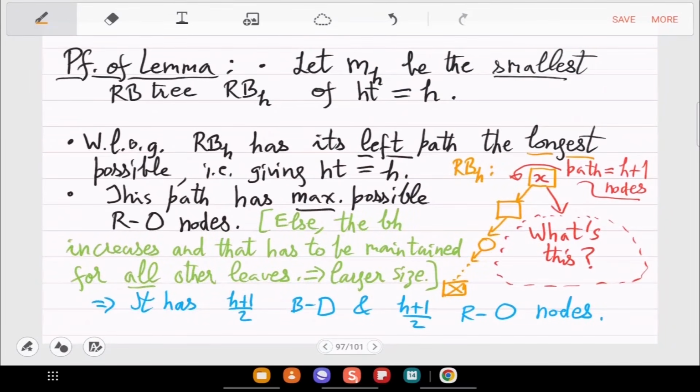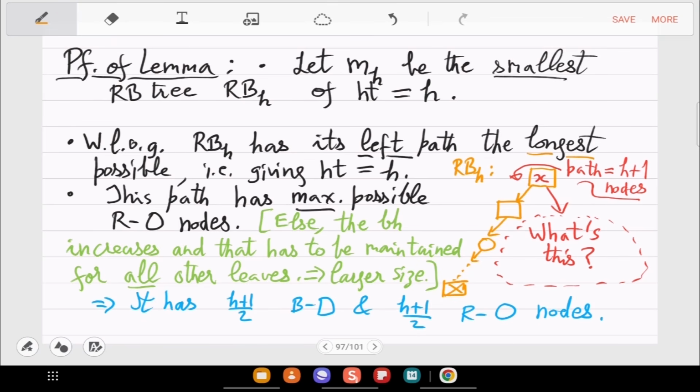Black height would increase. Well, the height is h. There are h plus 1 nodes. How do you know? No. When I wrote this green hint, we did not use anything about the root or anything. This assumption was not being used.